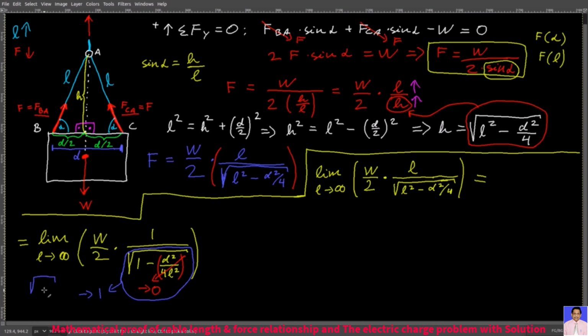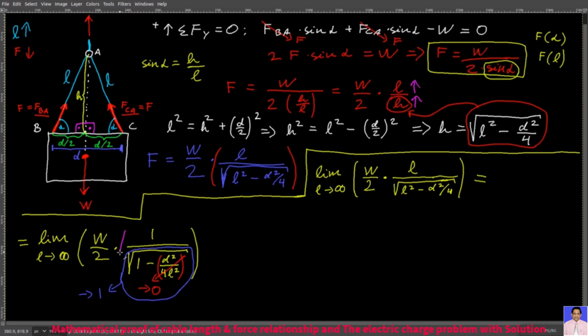And so underneath this square root, you would have 1 minus the term that approaches 0. So under the square root, everything would approach 1. And if you take the square root of something that approaches 1, then that also approaches 1. That's why this entire denominator approaches 1.